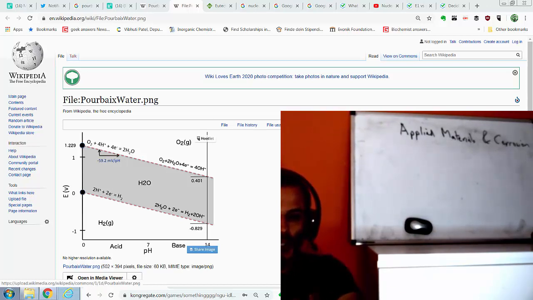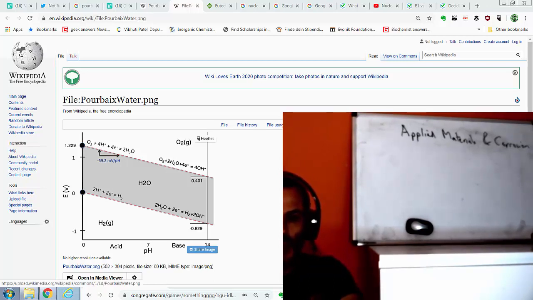The second line on here is the reaction of oxygen with water, in effect, oxygen, water and electrons forming hydroxide ions, or forming water from hydrogen and oxygen. You can see there are two reactions there depending on the pH.